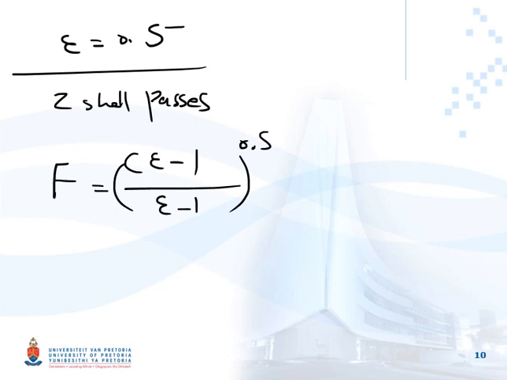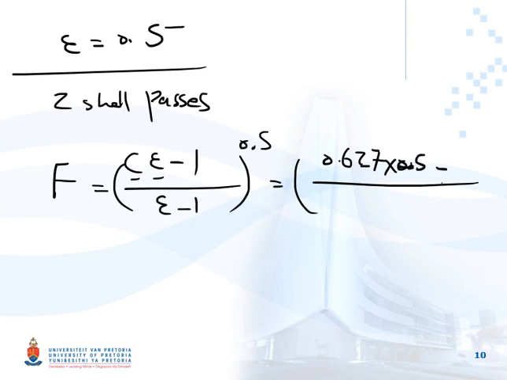So it will be 0.627 times 0.5 minus 1, over 0.5 minus 1, to the power of 0.5, so F will be equal to 1.172.